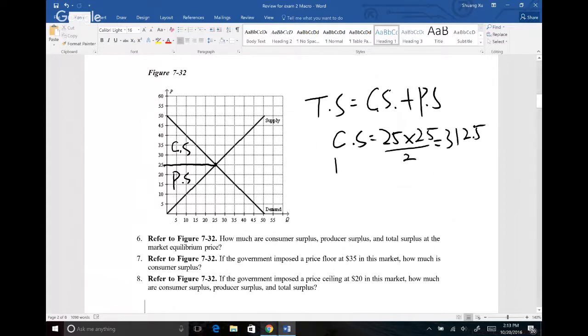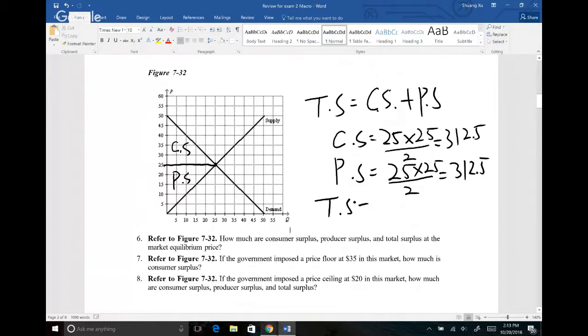And then for producer surplus, it's still the vertical distance, which is 25, times 25 divided by 2. That's also 312.5. And then total surplus is CS, 312.5, plus PS, 312.5. So total should be 625. Okay, so that's how to find consumer, producer, and total surplus.